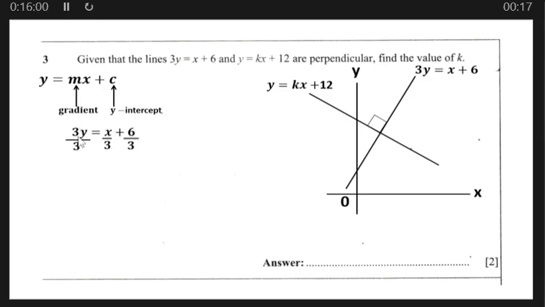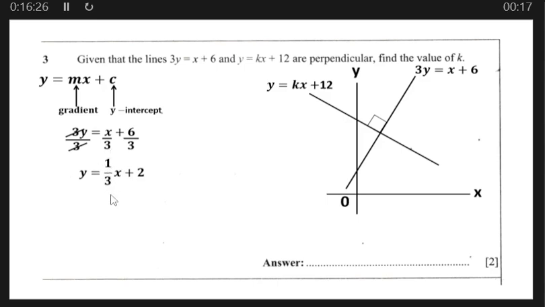So 3 by 3 cancels, and we remain with y = 1/3 x + 6 divided by 3, which is 2. So this equation has been expressed in standard form like this one. Here it means that in this equation, the gradient is 1/3.